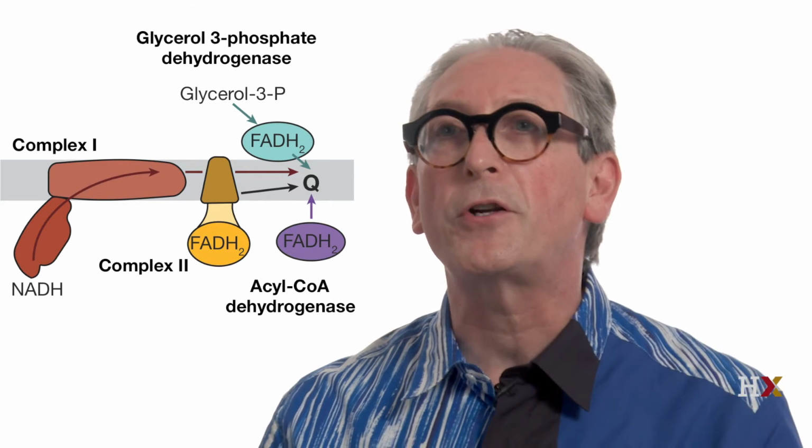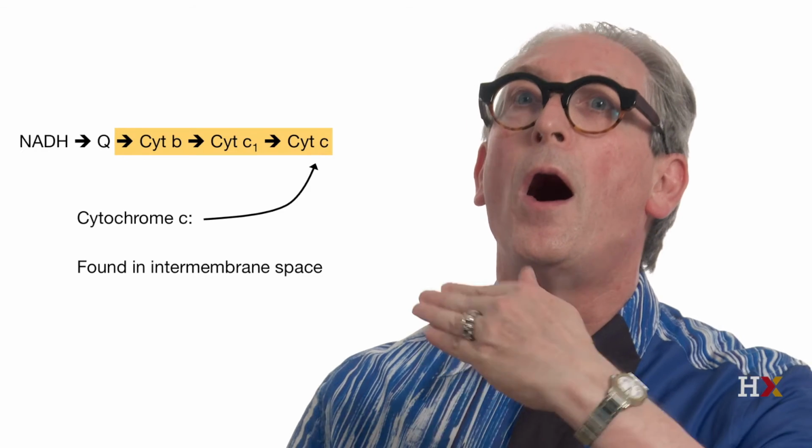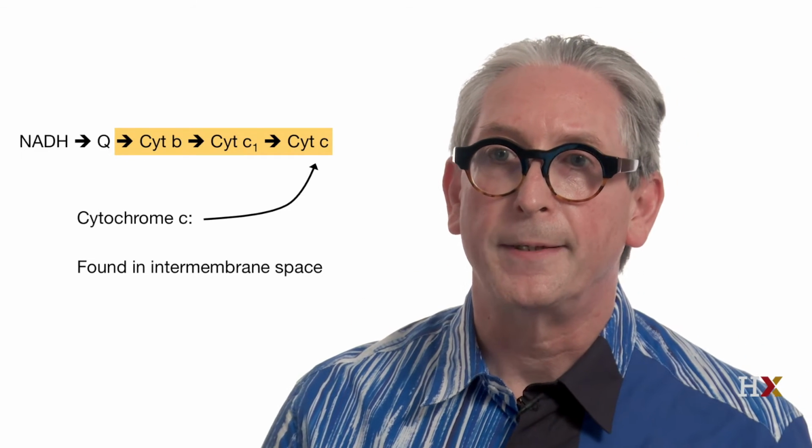Now, what is the structure and the function of complex 3? First, the function of complex 3 is the transfer of electrons from ubiquinol, QH2, to cytochrome C, which is attached to the surface of the inner membrane of the mitochondria on the intermembrane side.